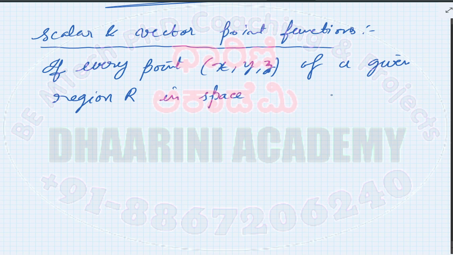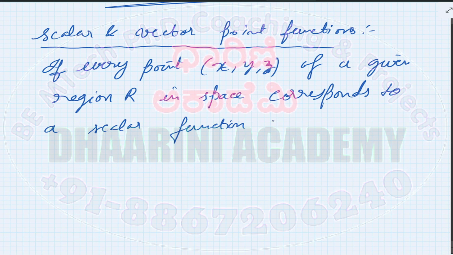So let's say that it is denoted by capital R in space, right? Corresponds to what is called a scalar function. In the sense, it's not a vector, right? It's a point denoted by a scalar function. For example, area is a scalar. All right. So let's try to write it in this fashion. Region R in space corresponds to a scalar function, right?